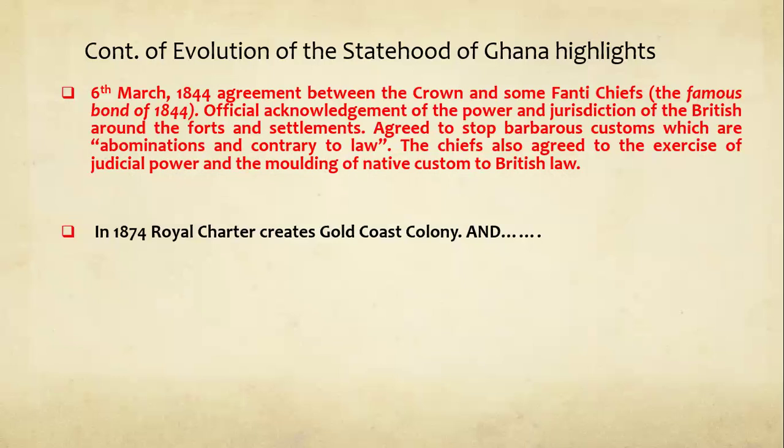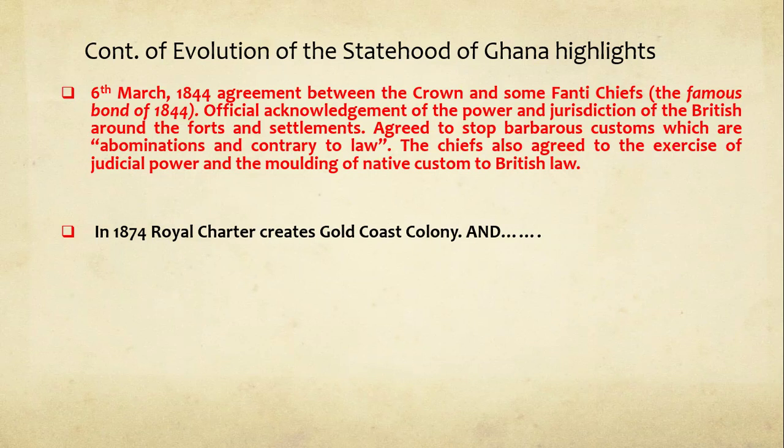And the literature indicates that as many as 11 friendship treaties had been signed with the coastal states by the Lieutenant Governor, Commander Hill, between 1843 and 1844. So this Lieutenant Governor was like the head of the colonial administration in the colony on behalf of the Secretary of State, that is the Foreign Minister in Britain, as it were.